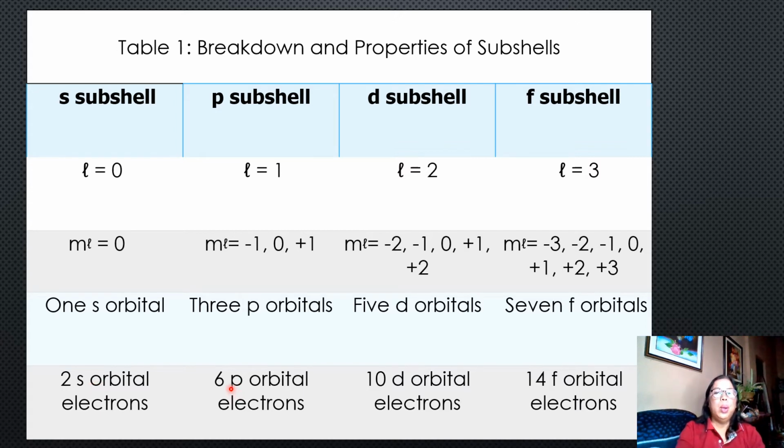And then you have p6, p2, p3, p4, but not p7 or p10, because the 10 will already go to your d subshells, and 14 for your f subshells.